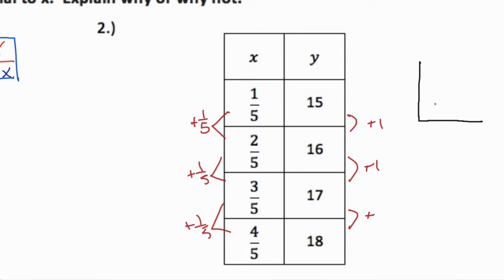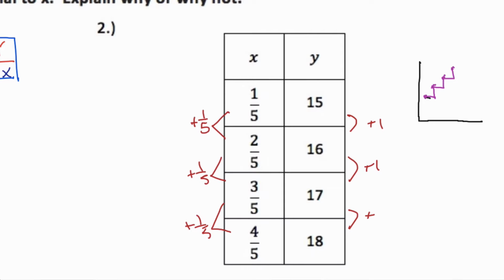You might imagine that for every 1/5 x increases, y increases by 15. And these points would in fact give us a straight line.